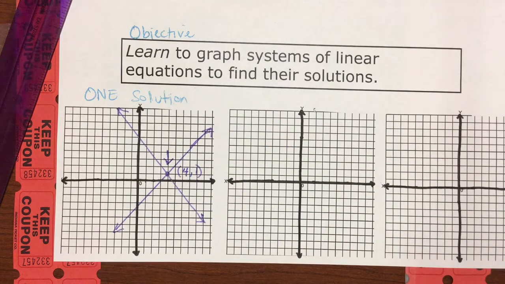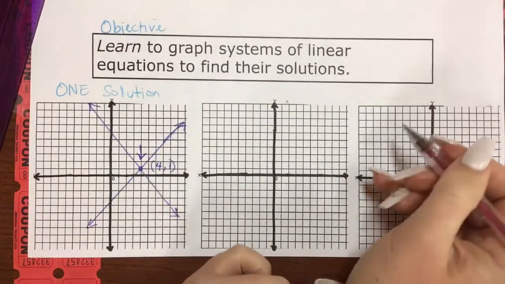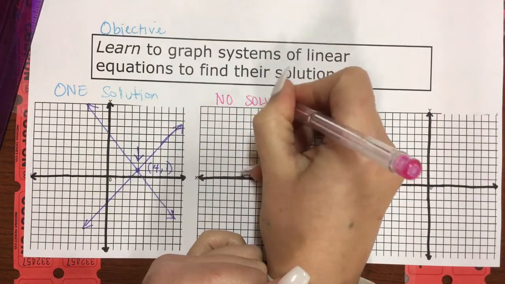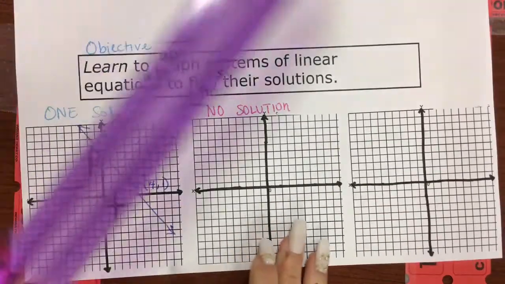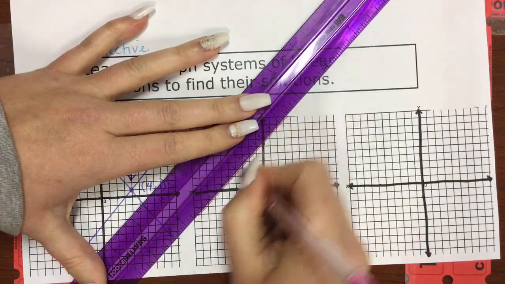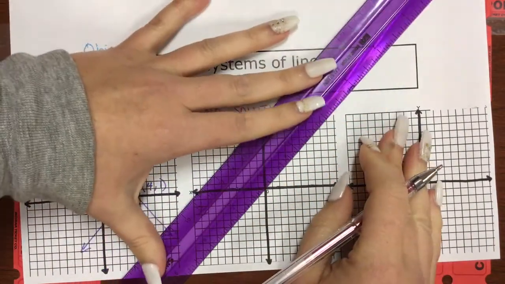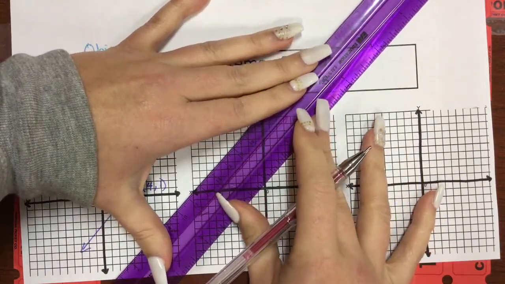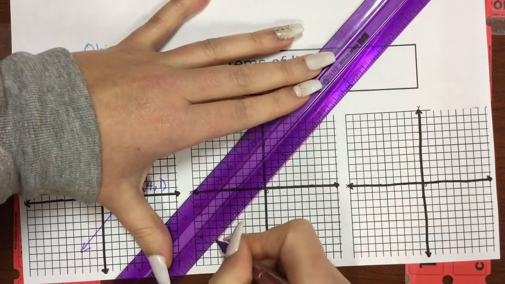Okay? Another possibility would be no solution. If you have no solution, you're going to have two lines, one line that may be like this, and then another line that might be like this.